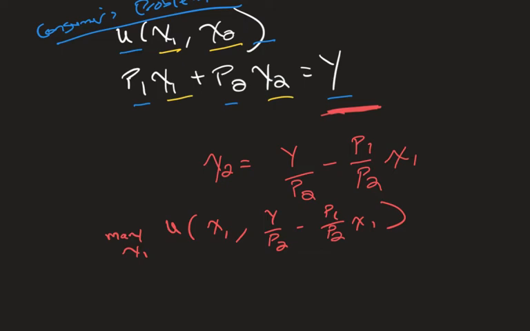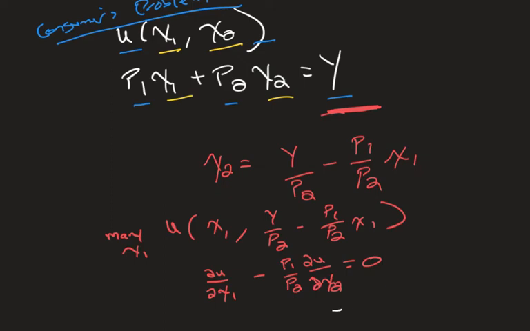I'm going to just differentiate it with respect to the single thing I'm choosing, x1, set that first derivative equal to 0, which is a necessary condition for a maximum. And so I've got marginal utility from consuming more x1 minus p1 over p2 times the marginal utility from consuming more x2 is equal to 0.